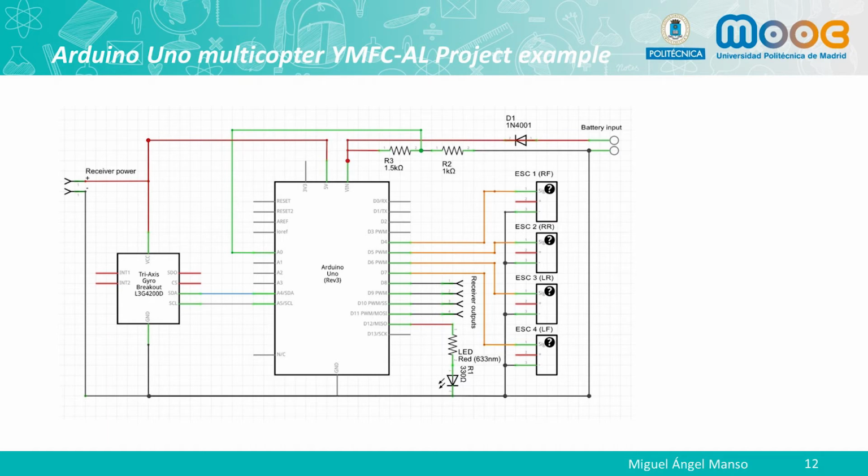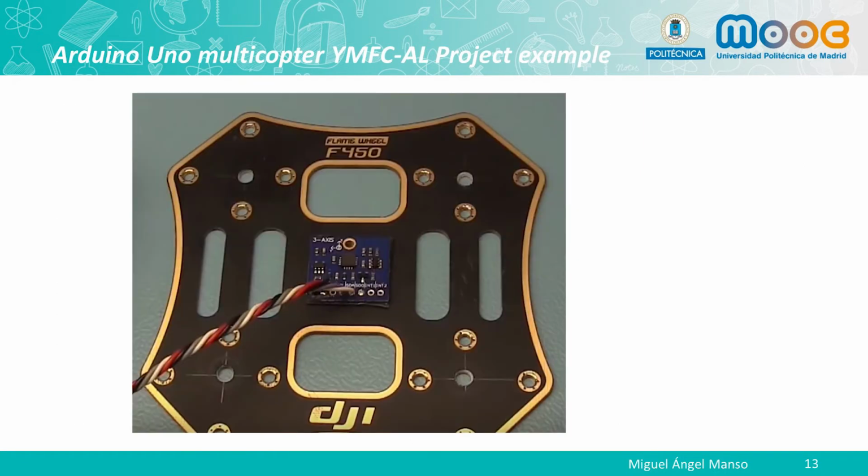YMFC project example. In this figure of the slide, you can see first of all the electric connection diagram of the gyroscope, the electronic speed controller, the output of the radio control receiver, and some resistor and LED diode. In the second one, you can see how the gyroscope has been placed on the chassis plate, oriented in such a way that the arrows printed on the board fit with the north of the multicopter.